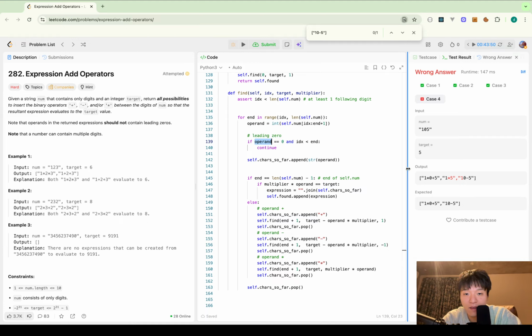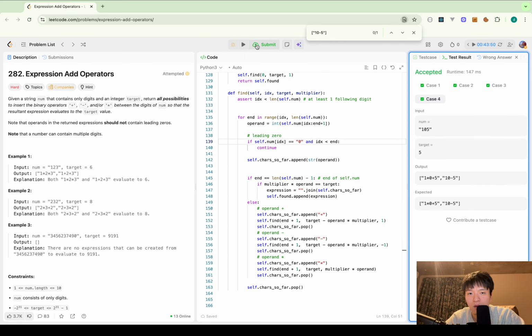So I can say if self.num at the start index is equal to 0, the first one is 0, and I chose longer than 1 character. In that case, it's the leading 0. Okay, good. So let me submit again.